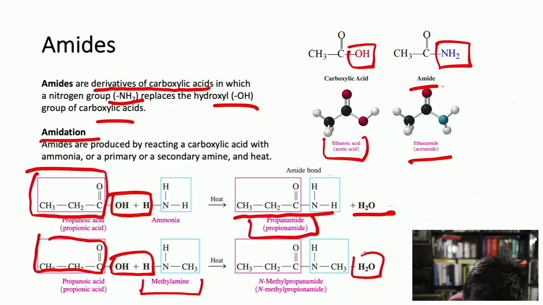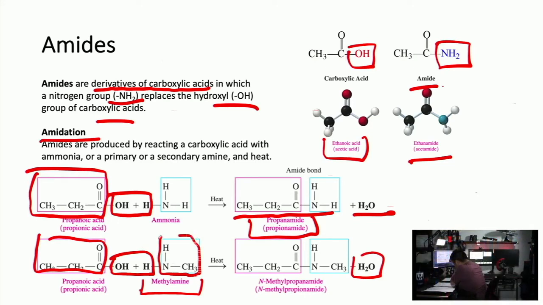And then the amide part, which is the NHCH3 right here, can combine with the propanoic acid to make N-methylpropanamide. Wow, that's hard to say. N-methylpropanamide.